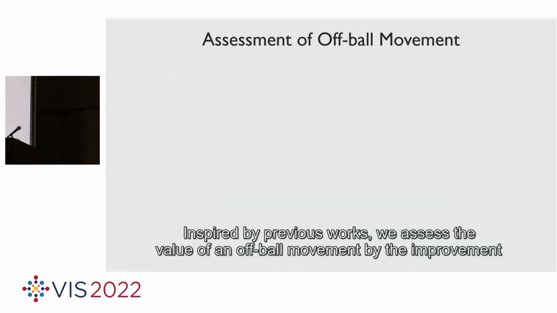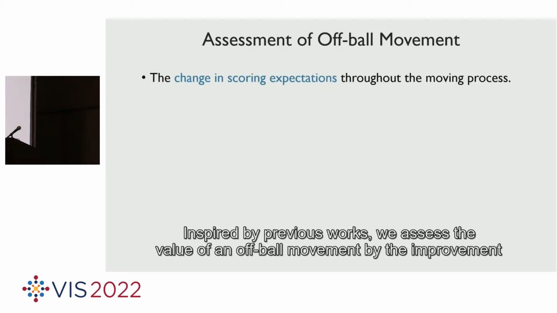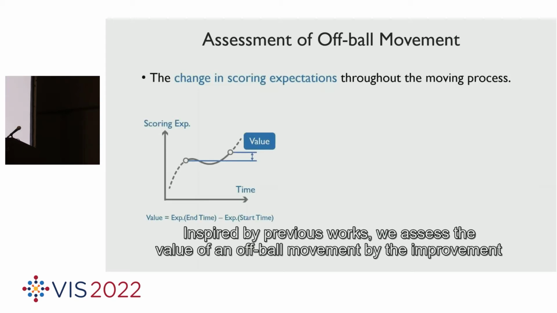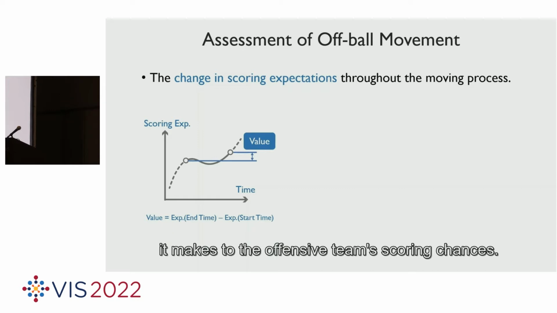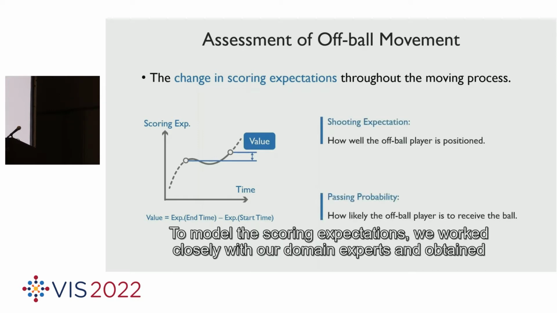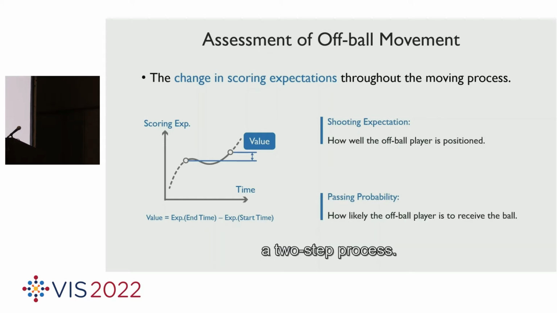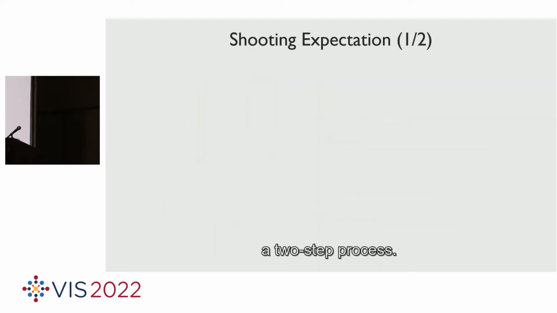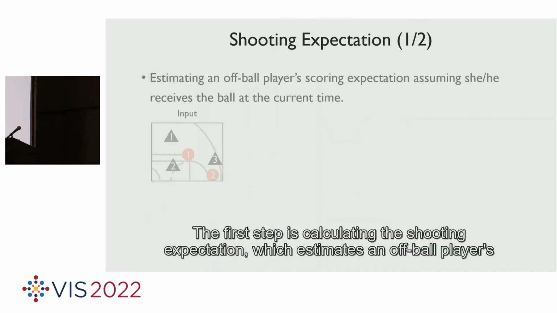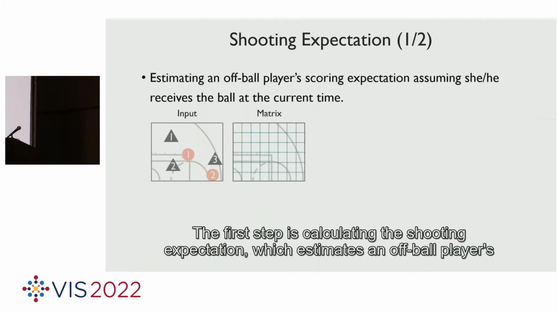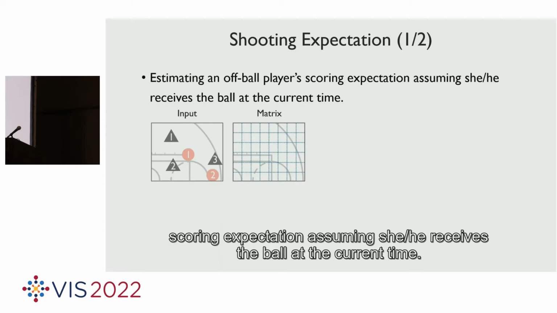Inspired by previous works, we assess the value of an off-ball movement by the improvements it makes to the offensive team's scoring chances. To model the scoring expectations, we worked closely with our domain experts and obtained a two-step process. The first step is calculating the shooting expectation, which estimates an off-ball player's scoring expectation assuming she or he receives the ball at the current time.